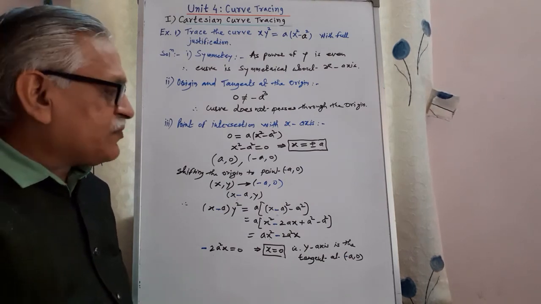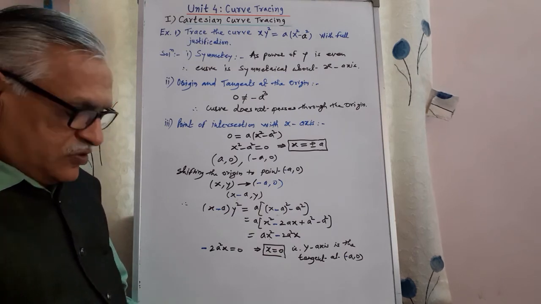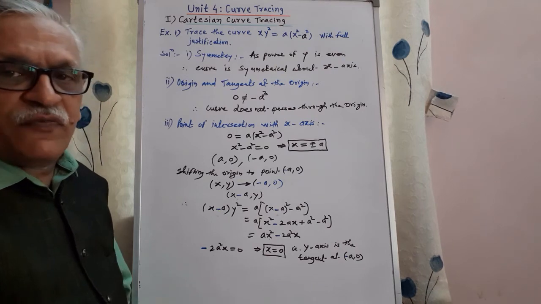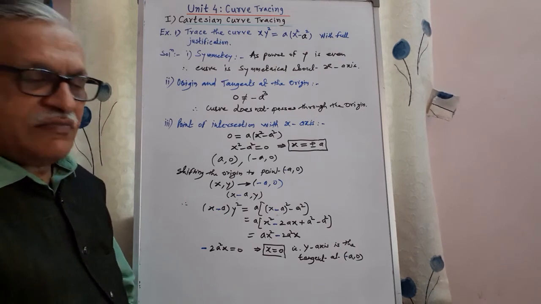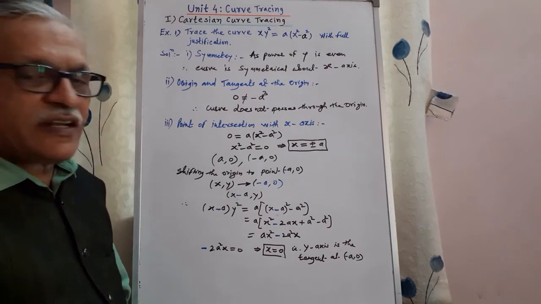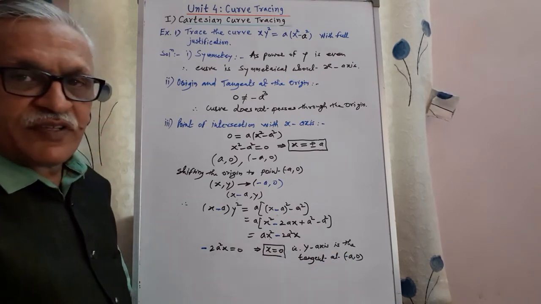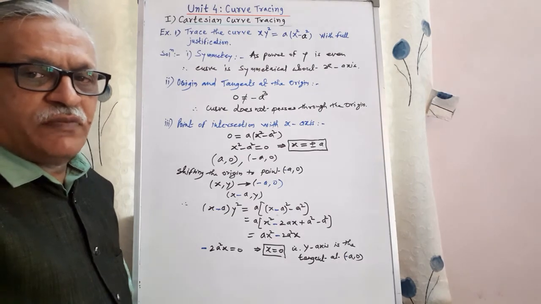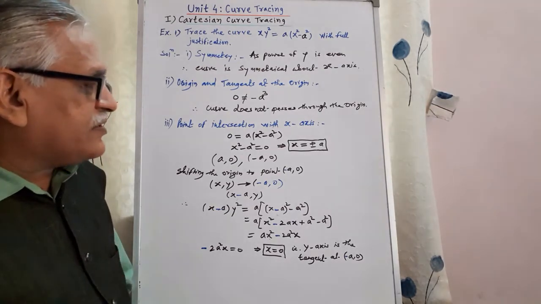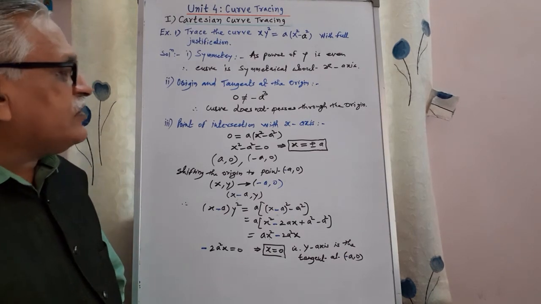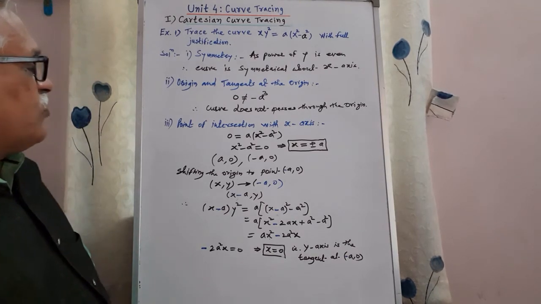We are taking the help of this to draw the shape of the curve or to complete the figure by drawing it slightly parabolic at that point of intersection. And that is the main purpose of finding the tangent at this point of intersection. Then we go for the point number 4, asymptote.